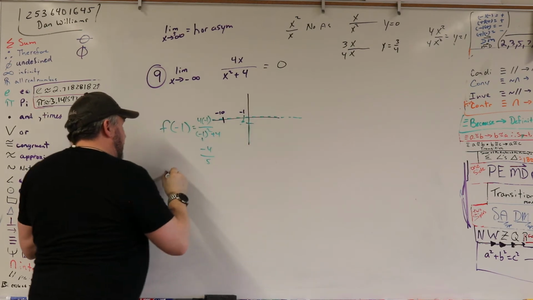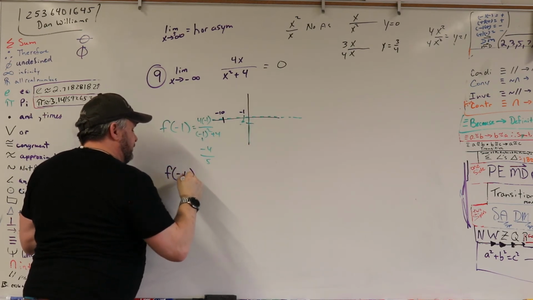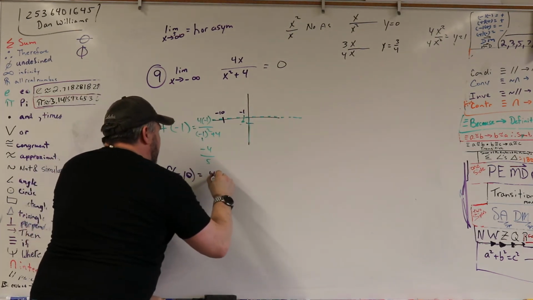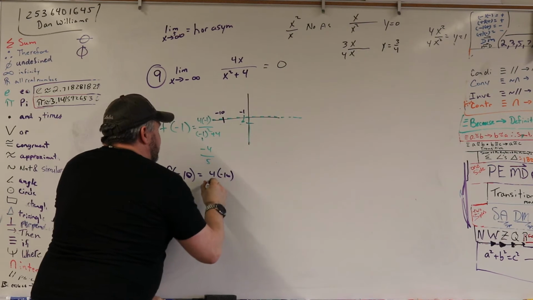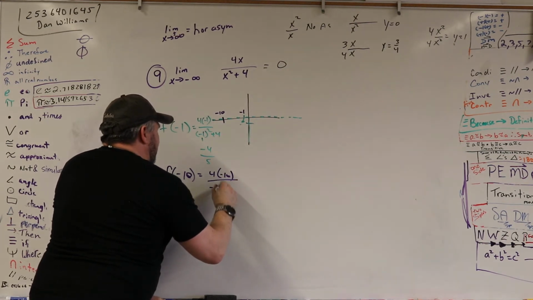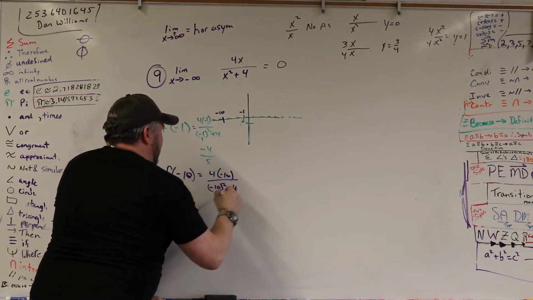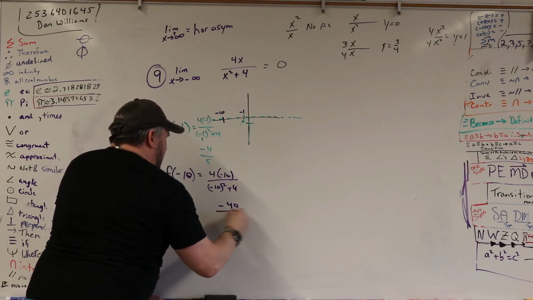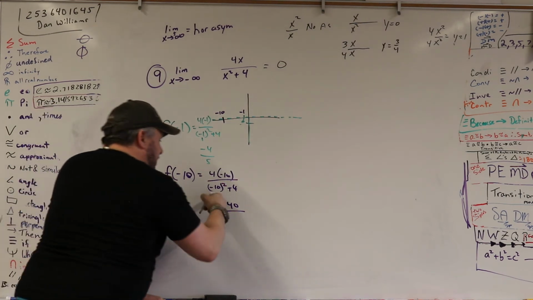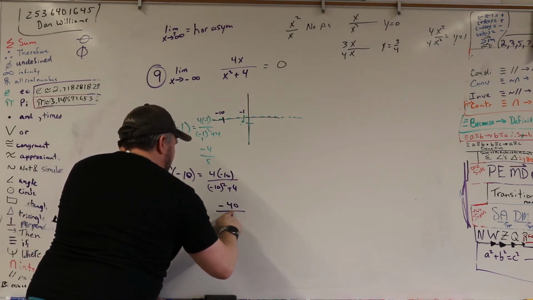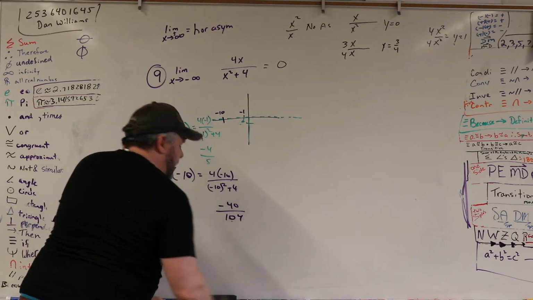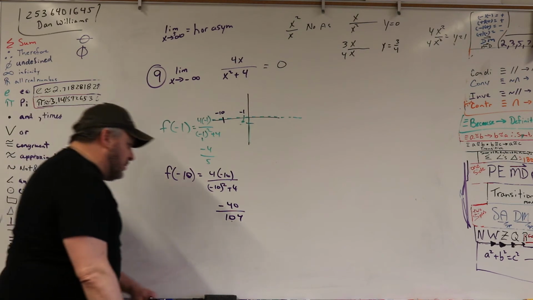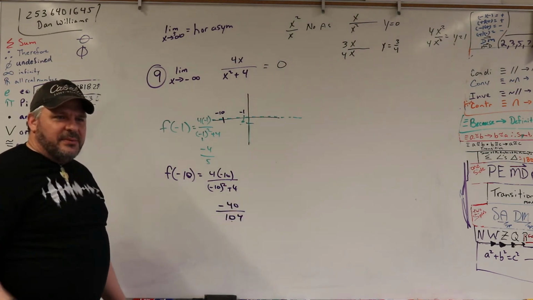So f of negative 10: I plug that in and get 4 times negative 10 divided by negative 10 squared plus 4. 4 times negative 10 is negative 40, over 100 plus 4, which is 104. That's pretty small, like 0.4.